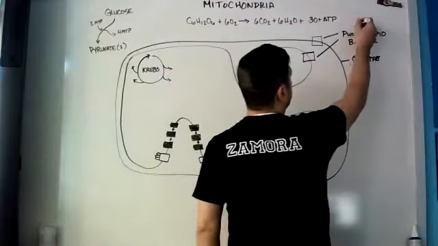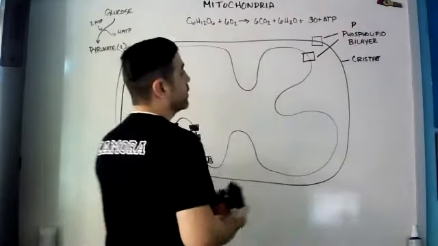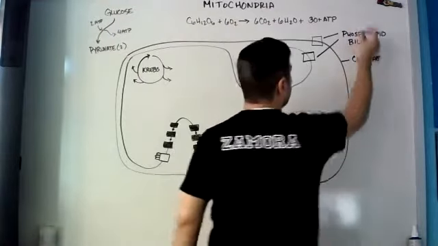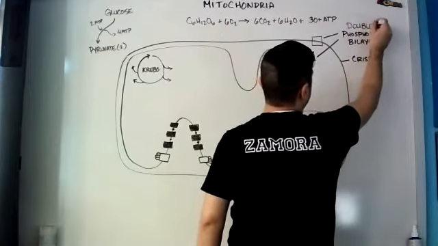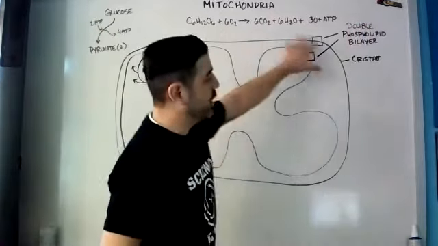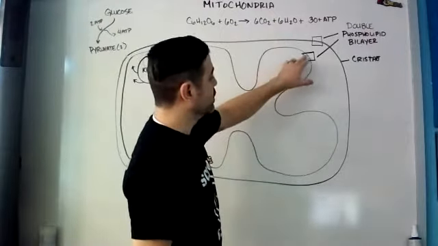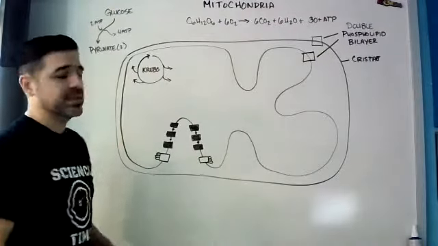And that is why we will refer to the mitochondria as having, and I already made a mistake, let me fix that for us, a double phospholipid bilayer. So one phospholipid bilayer on the outside called the cristae, and then the inner membrane is also a phospholipid bilayer. So 4 layers of phospholipids essentially.